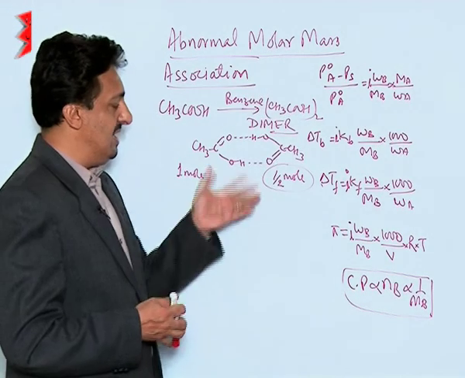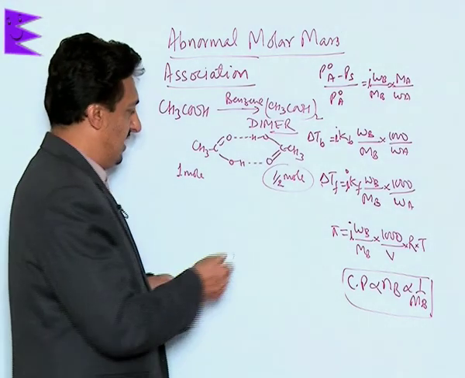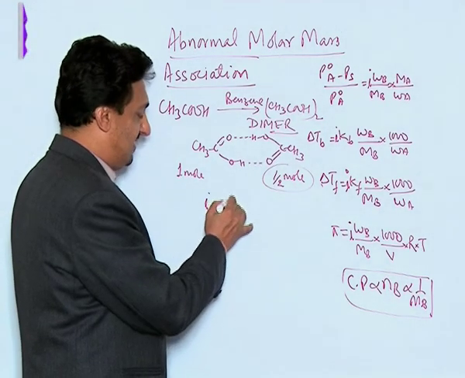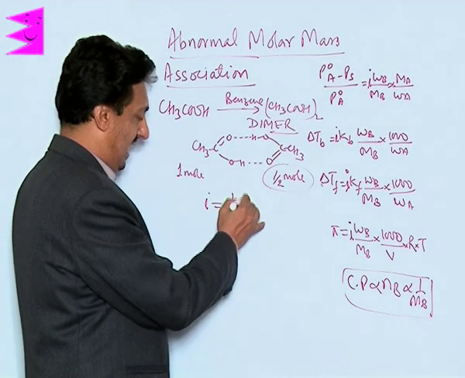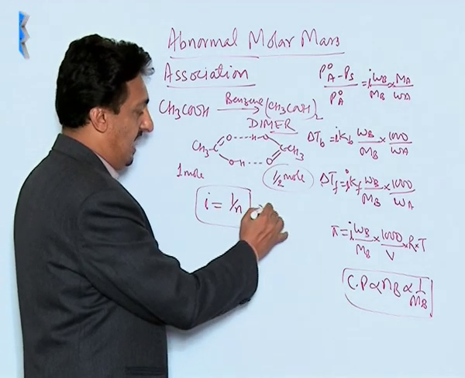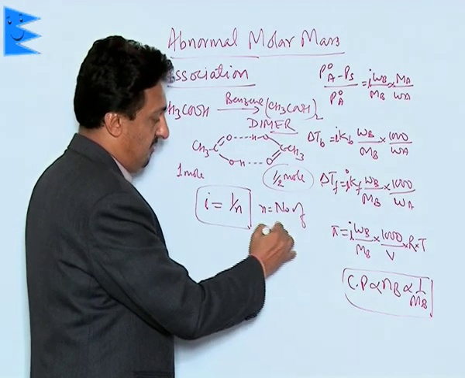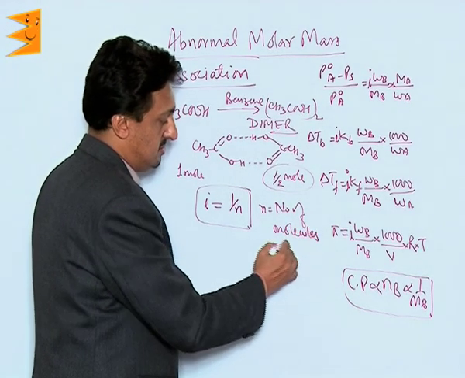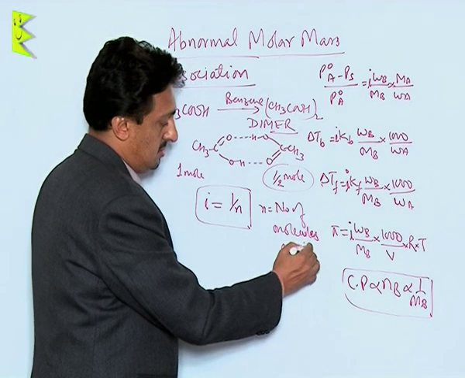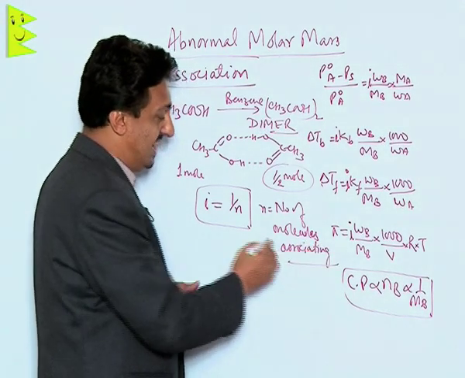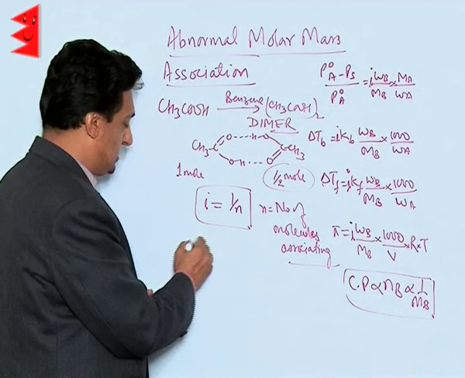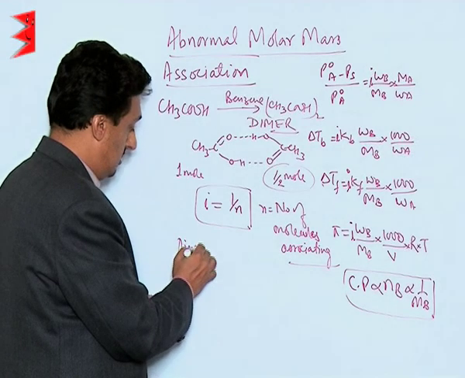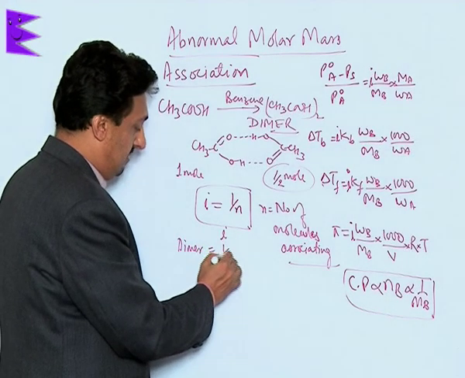Now, how did Van't Hoff rectify it? Van't Hoff said the i for such cases will be equal to 1 by n, where n is the number of molecules associating. So in case of a dimer, remember i will be 1 by 2.